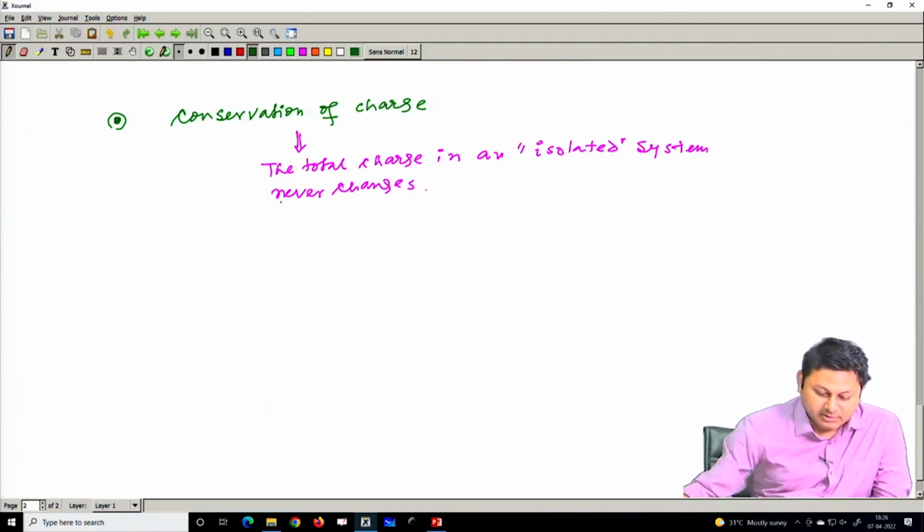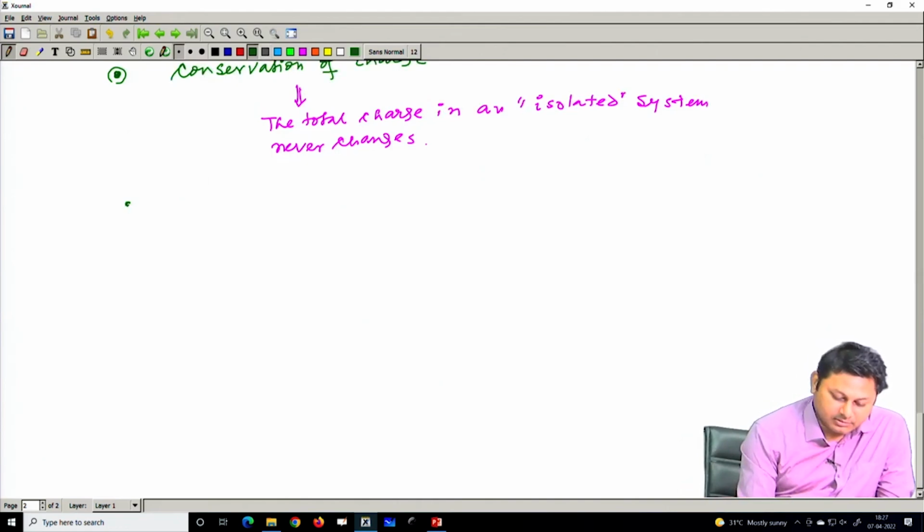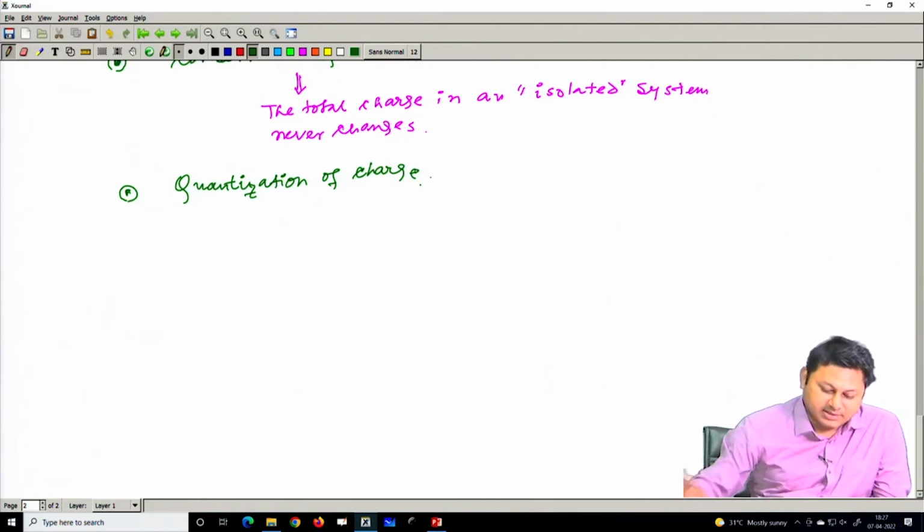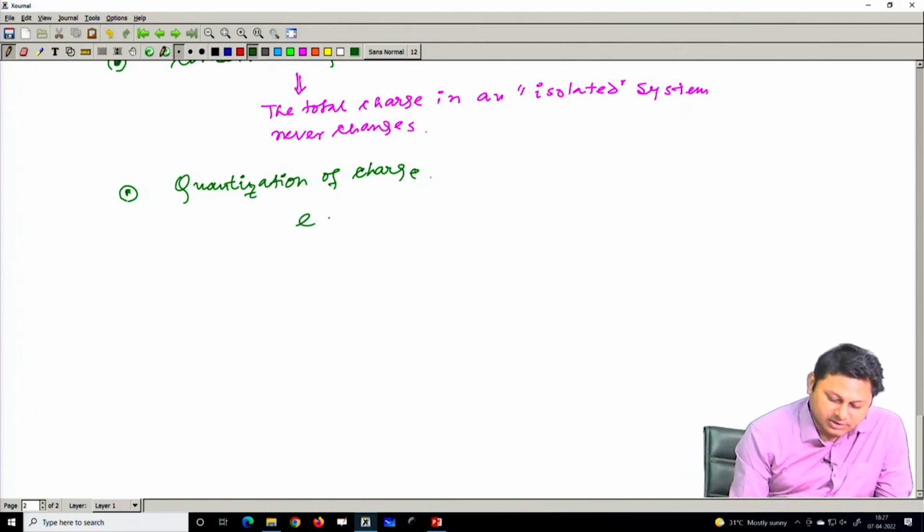The second important thing is the quantization of charge. Whatever charge we are talking about, this charge is quantized, and the unit charge is nothing but the charge of the electron, and this value is around 1.6 times 10 to the power of minus 19 coulomb.